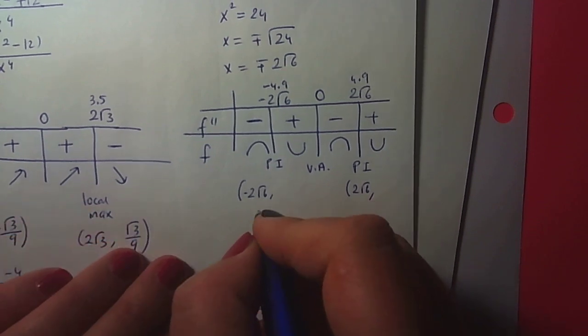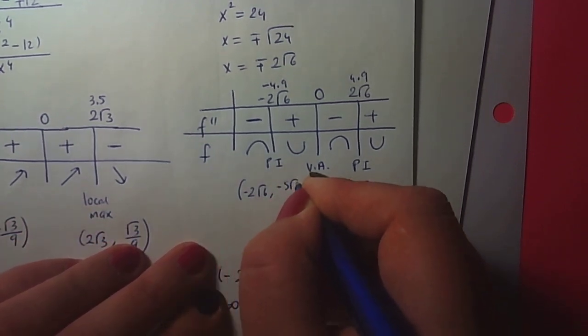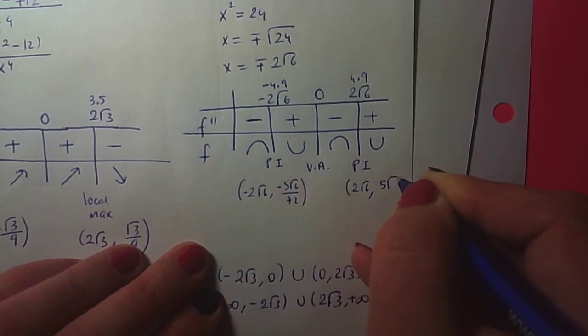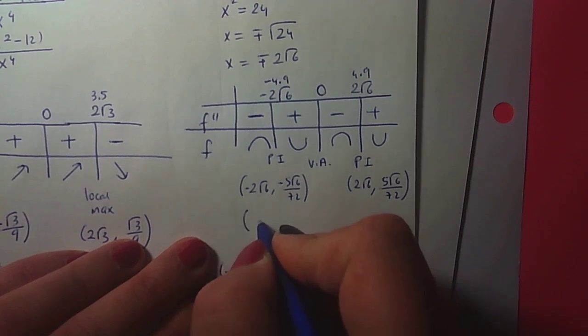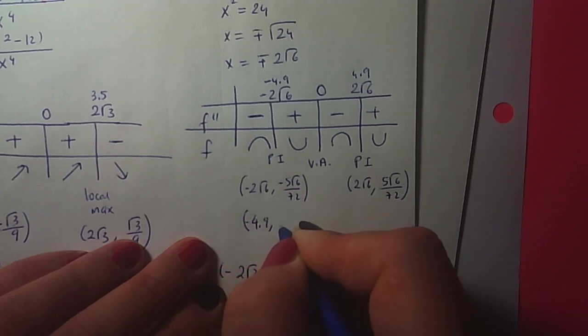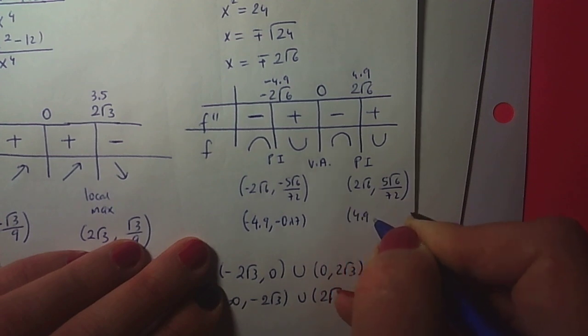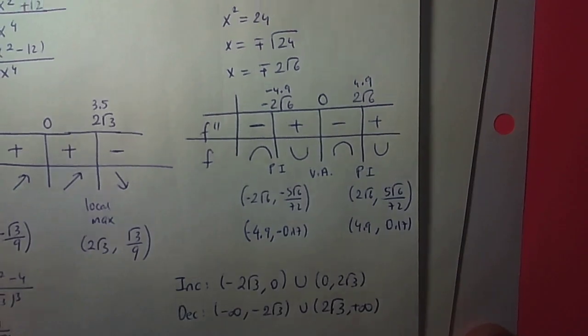So I'm going to put here negative 5 root 6 over 72 and positive 5 root 6 over 72. And as a decimal value, because I need those decimal values to put on my graph. So negative 4.9, negative 0.17, positive 4.9, and positive 0.17.